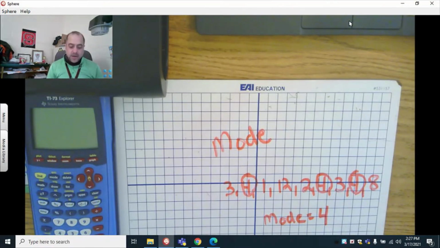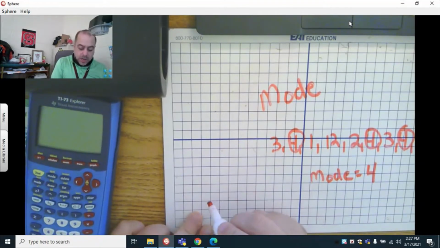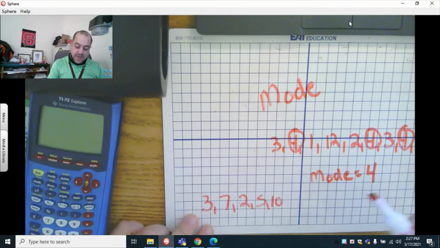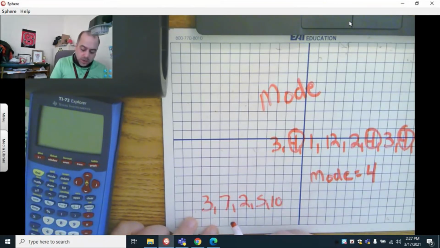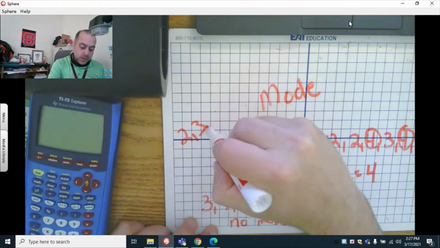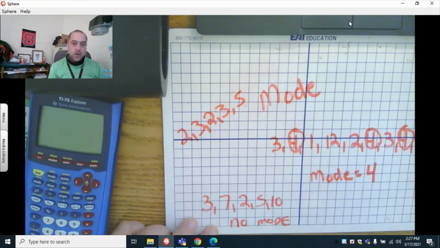If it's a tie, or if there's no mode, check this out. This is your list: 3, 7, 2, 5, and 10. Do you see any numbers that are there more than others? No. It would be no mode. What about this one? 2, 3, 2, 3, 5.